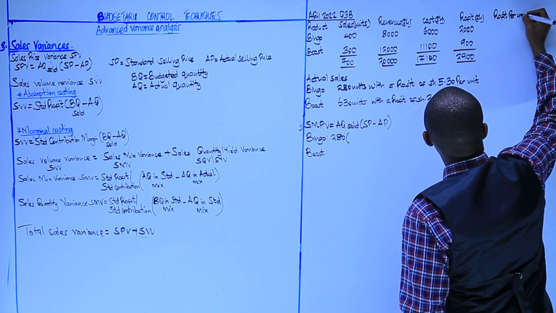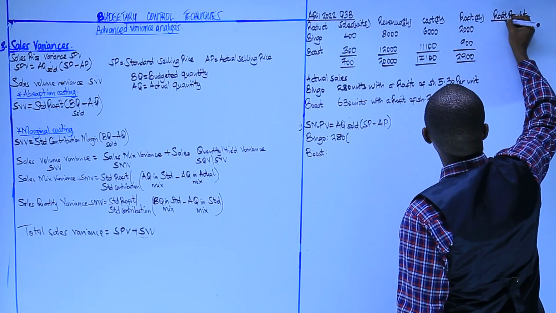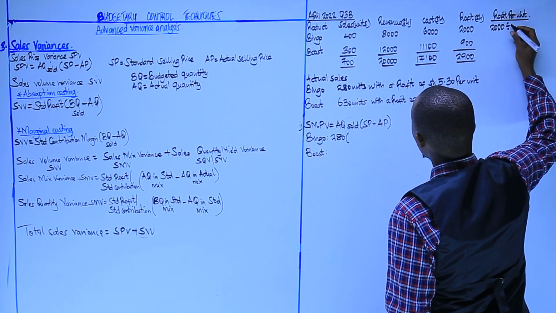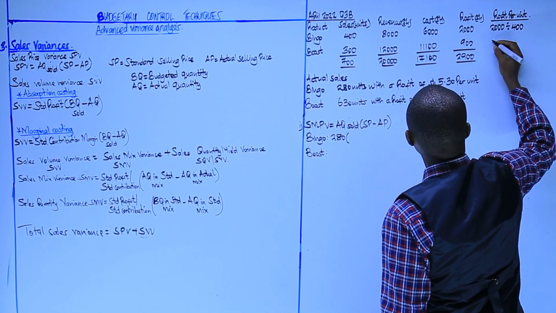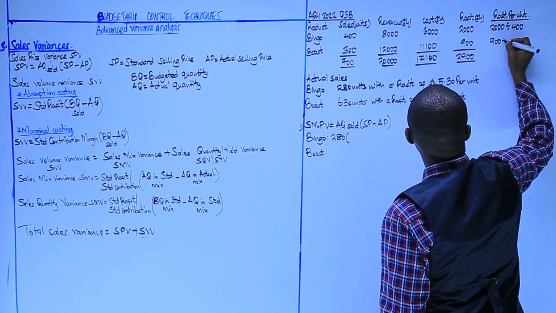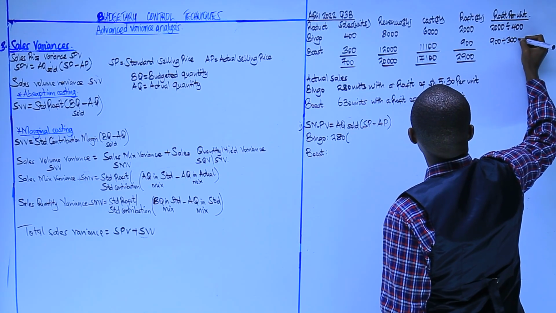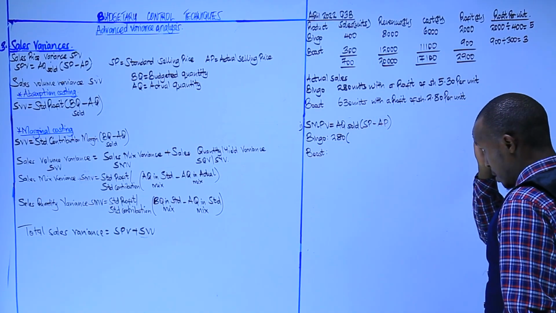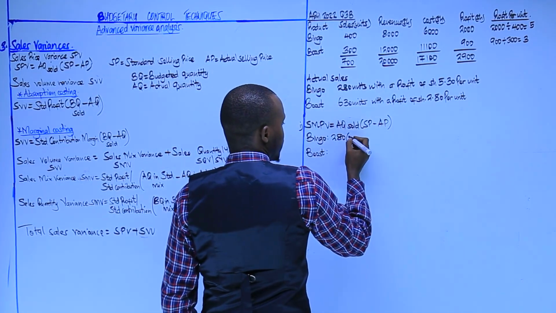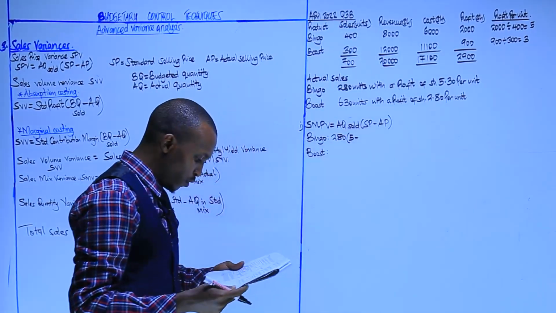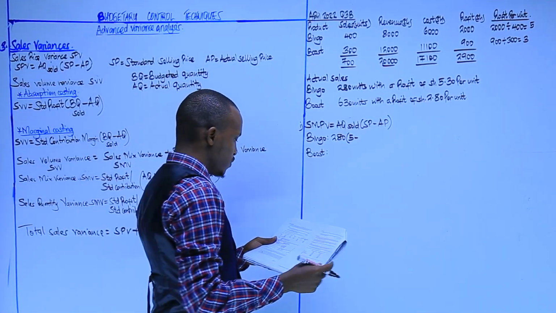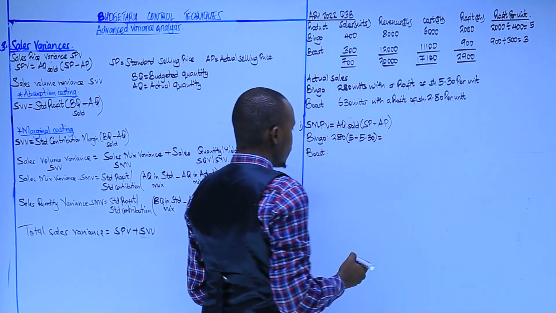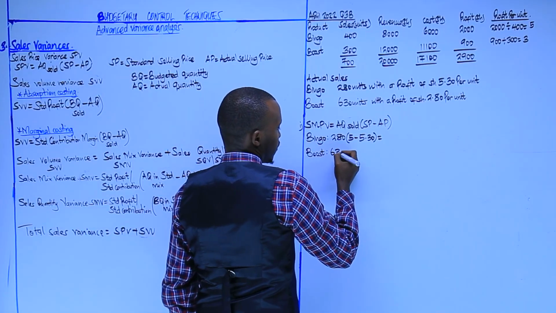You're going to take 2,000 divided by 400, and 900 divided by 300. That is 5, that is 3. So your standard profit is 5. Your actual profit here is 5.3. For Boost, 630.